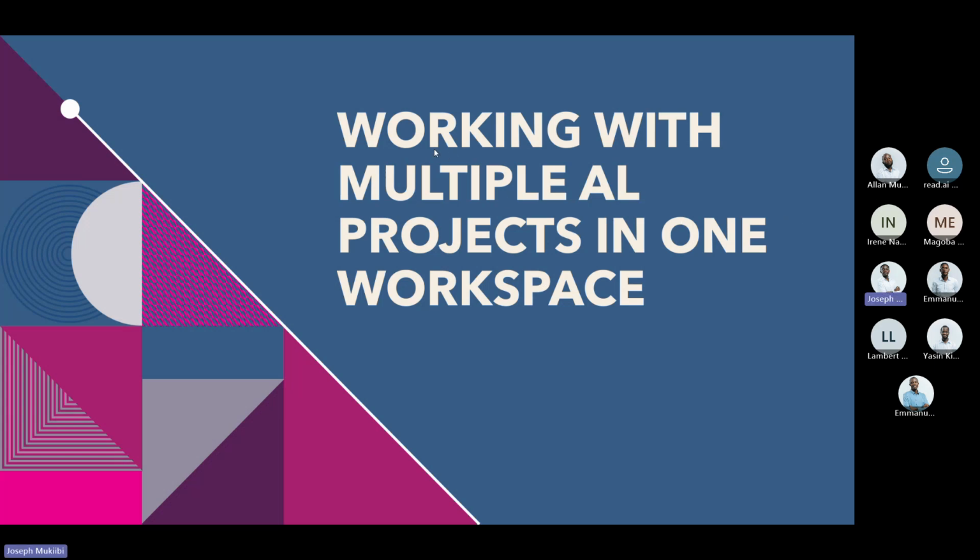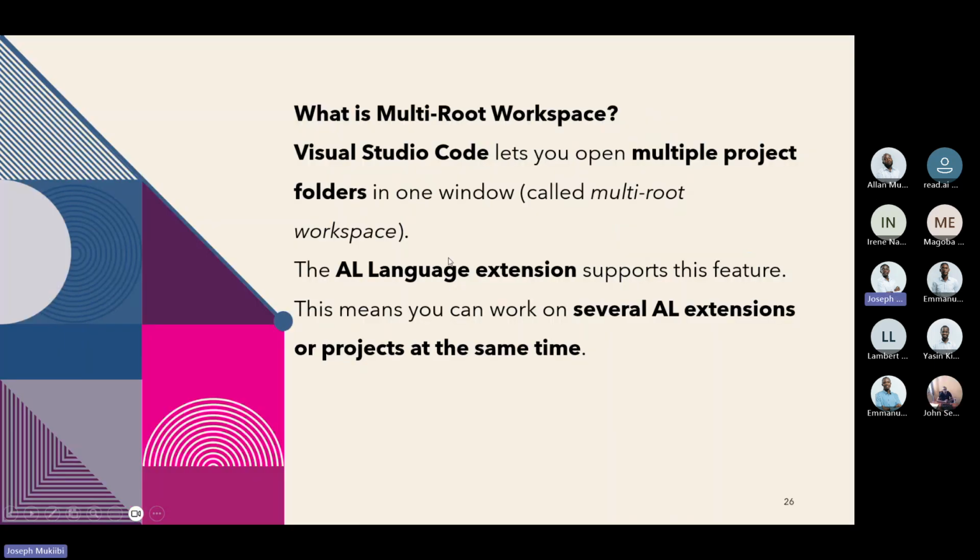I mentioned that we're going to be working with projects in one workspace. So I'll just go to the next slide. I just started with a definition of what is a multi-root workspace. VS Code lets you open multiple project folders in one window, called a multi-root workspace.